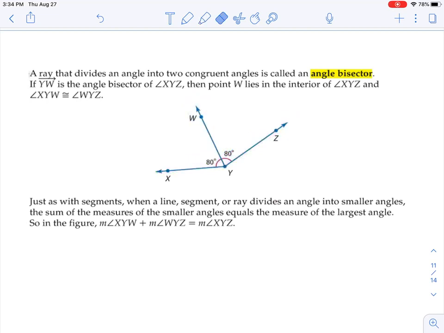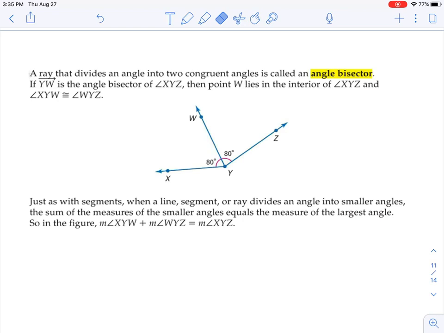And you see right here with our hash marks, the red semicircles, they are congruent, and they also label them both as 80 degrees. So just with segments, when a line segment or ray divides an angle into smaller angles, the sum of the measures of the smaller angles equals the measure of the largest angle.